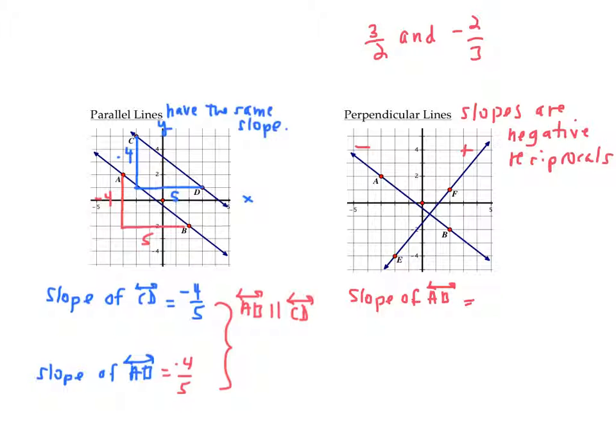So let's find the slope of line AB. Okay, slope of line AB. Start at the point further to the left and count down 1, 2, 3, 4, and then to the right 1, 2, 3, 4, 5. So it has a slope of negative 4/5. And next, let's find the slope of line EF.